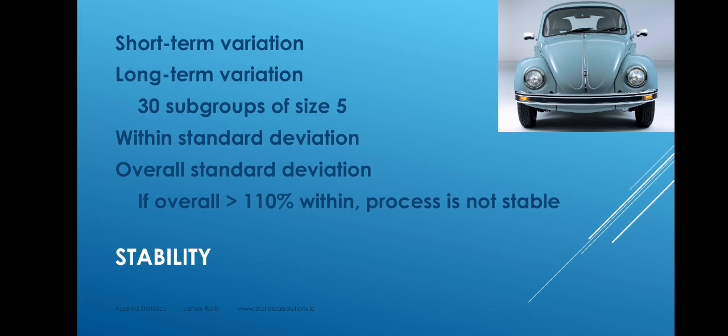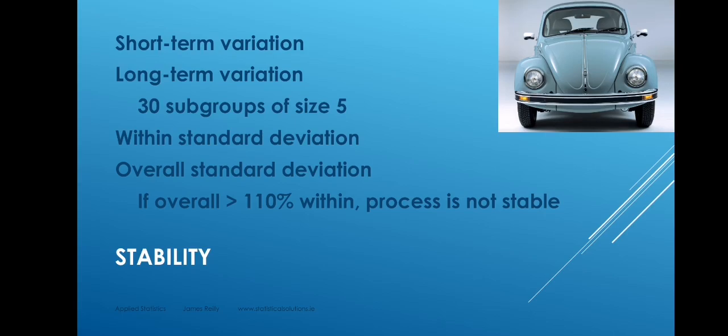So if we collect data over a long period and measure the standard deviation, we will typically get a larger value than if we collect data over a short period of time and measure the standard deviation. Of course, if a process is very well behaved, well then it will behave consistently over a long period of time. And we say that such a process is stable. So stability would mean that the long-term standard deviation is no different than the short-term standard deviation.